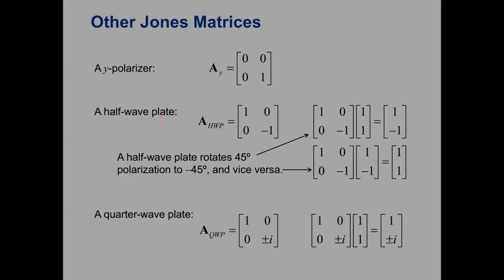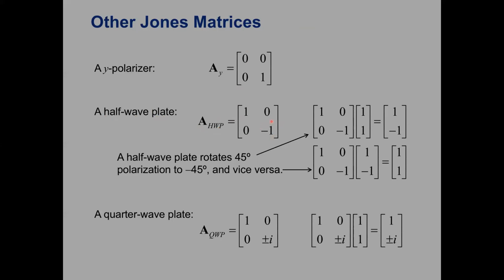For a half wave plate, we have to take the y component and add a phase of pi. So essentially, we need to slow it down relative to the x component. And we can do that with a matrix like this. We don't change the x component at all, but we slow down the wave by half of a cycle, meaning we turn a crest into a trough for the y component.